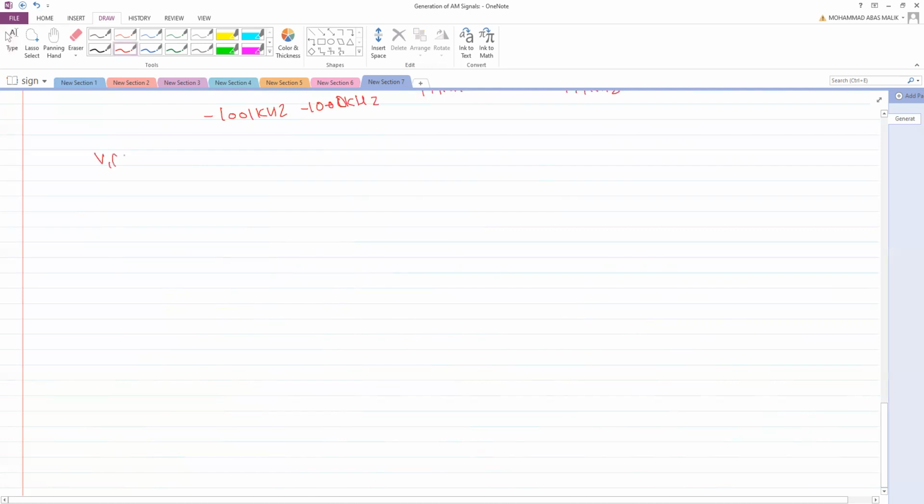So V1 of t will be your m of t plus the addition of the carrier. After adding these two, you will get m of t, your message signal, plus Ac cos of 2 pi fc t. Now this is an input to the SLD. So the output of the SLD will be equal to V2 of t.